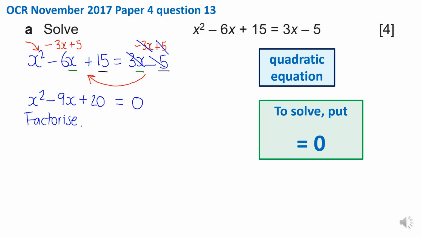And the way to do this is we want to find two numbers that multiply to make the constant 20, and the same two numbers must add to make minus 9.